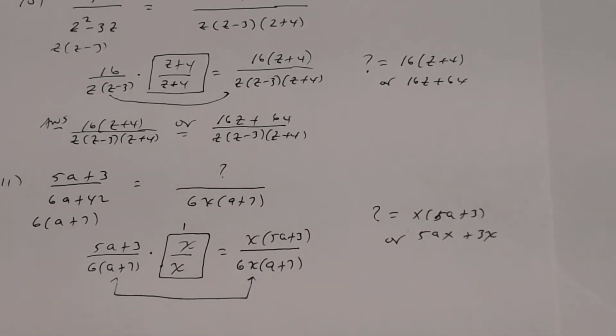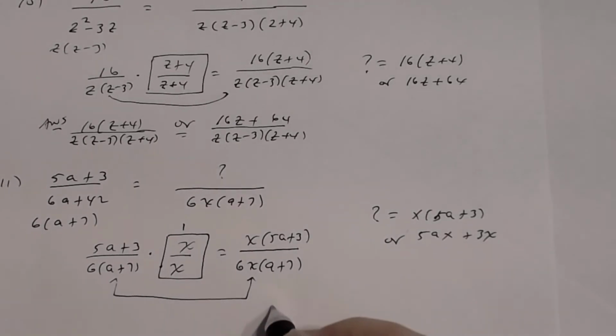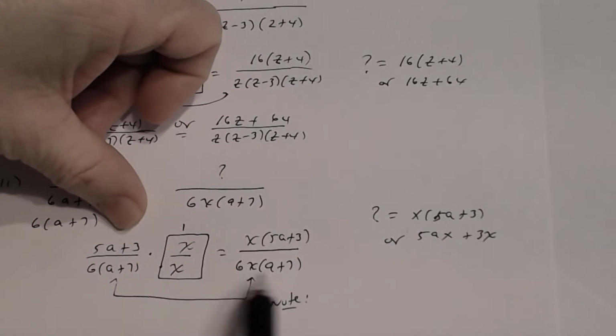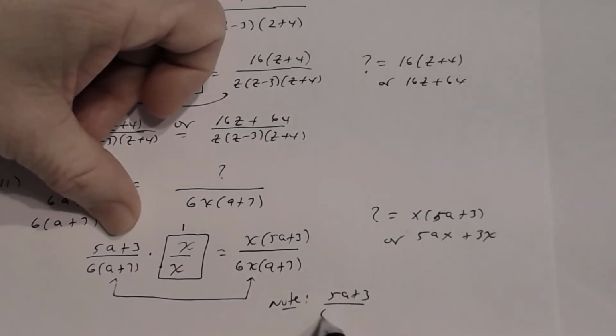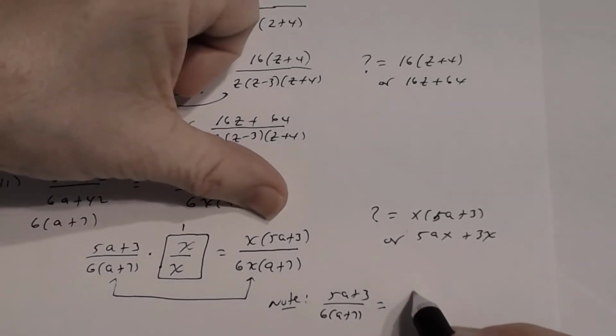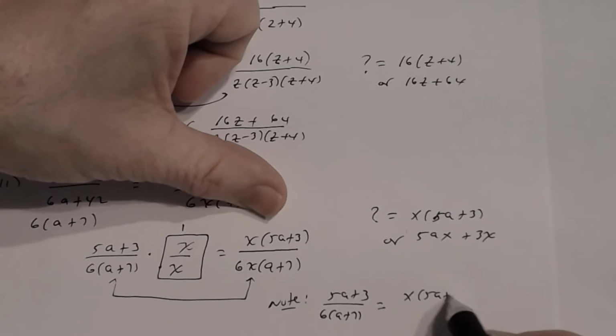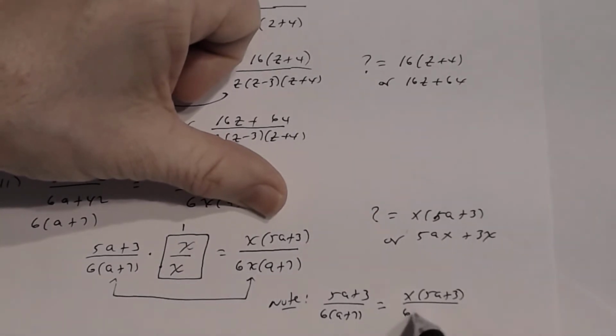Now, I want you to note what you just found. You found two equivalent rational expressions. 5a plus 3 divided by 6 times a plus 7 is equivalent to x times 5a plus 3 divided by 6x times a plus 7.